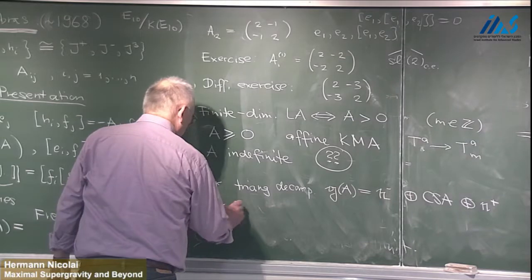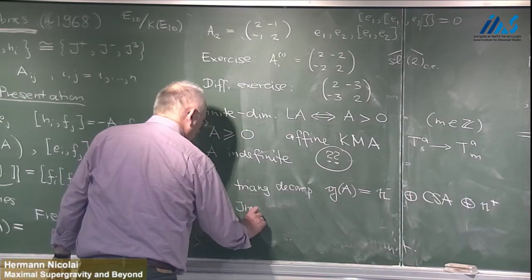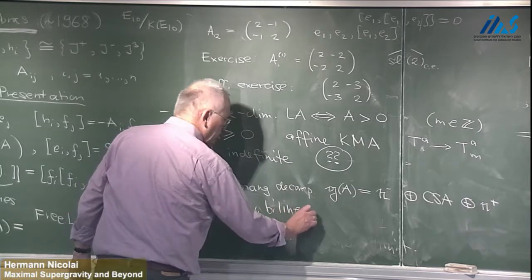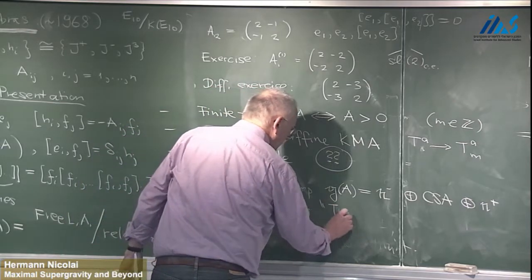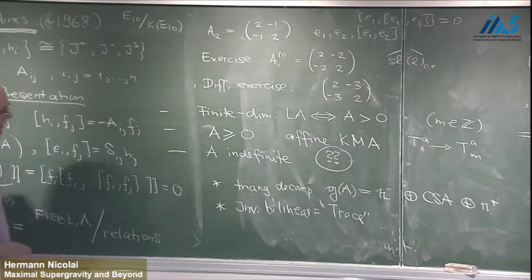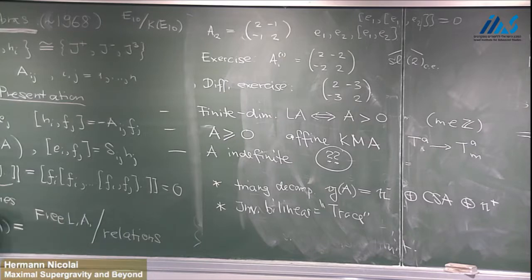Secondly, there's an invariant bilinear form, which generalizes the trace, which in the finite dimensional case just reduces to the trace. So even though the algebra is infinite dimensional, a scalar product can be defined by means of these generators, the invariants, and these relations.